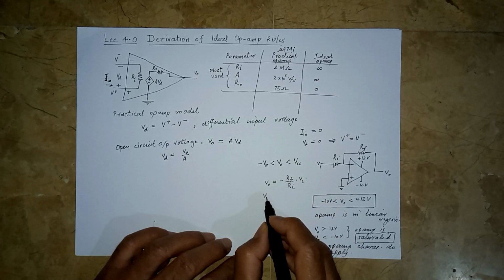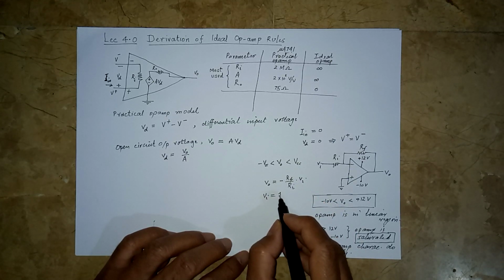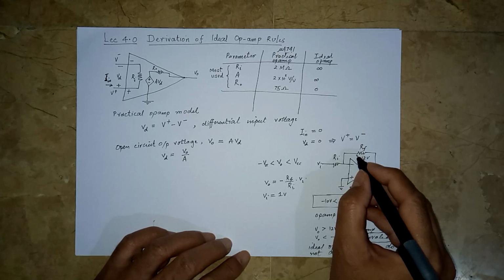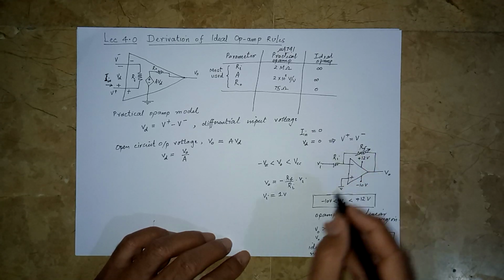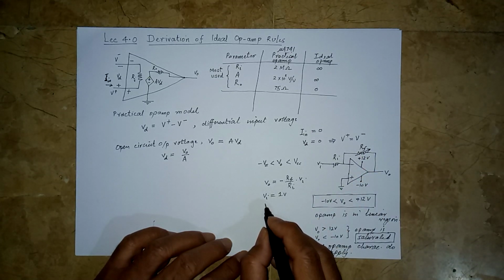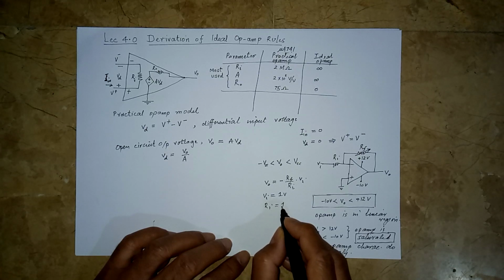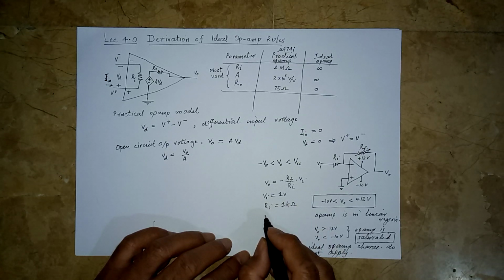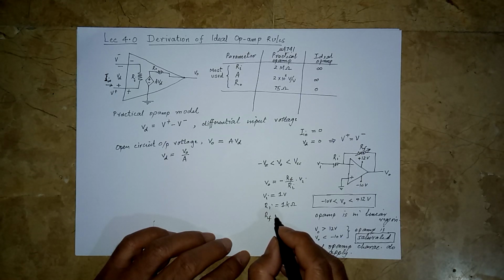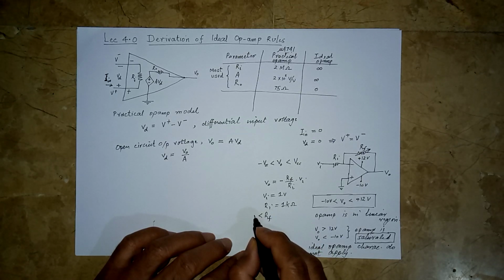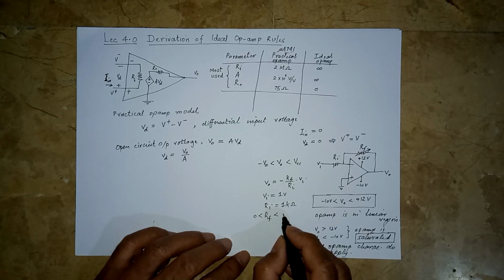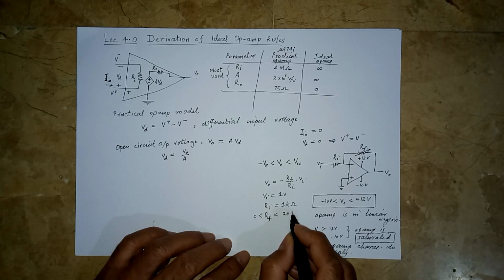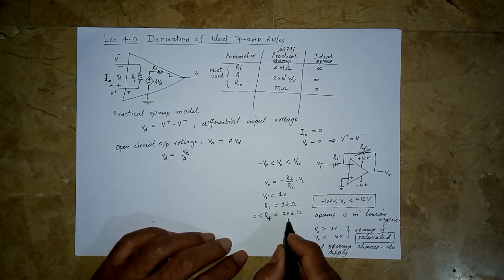So suppose Vi is given as 1 volt and we have a variable resistor here RF, and Ri is say 1 kilo ohm and Vi is 1 volt. RF is a variable resistor that can vary between 0 and say 20 kilo ohms.